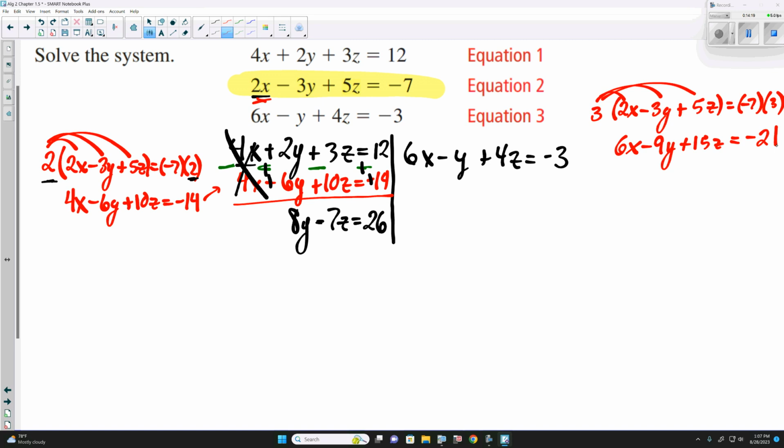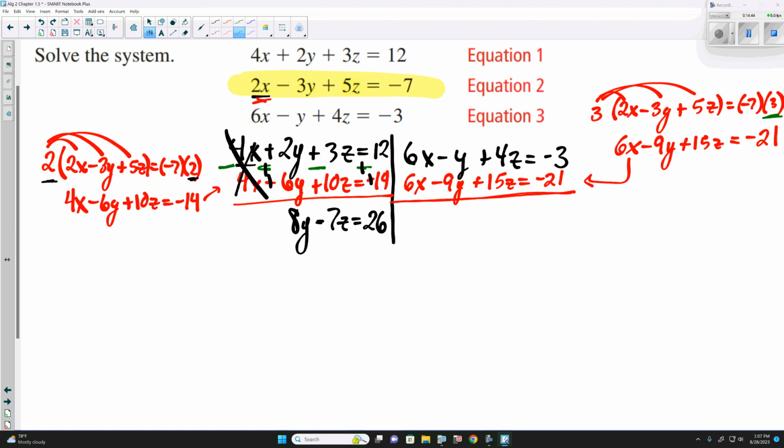So whichever variable we get by itself first, or which one we're wanting to eliminate, we get it eliminated from all the equations. Here we're eliminating x. So on both sides we're getting the x's to be the same, and then we're going to eliminate it out.